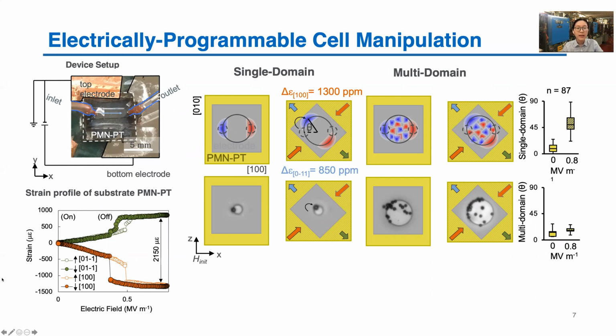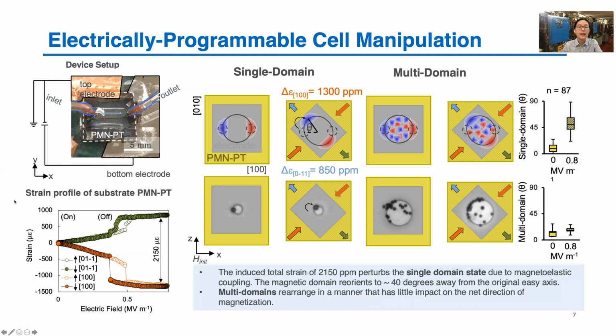Consequently, we could see the bead move to a new location aligned with this new easy axis. And for a multi-domain microstructure, the net effect is negligible.